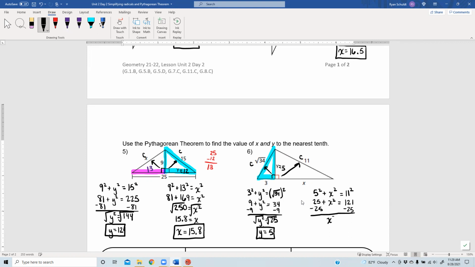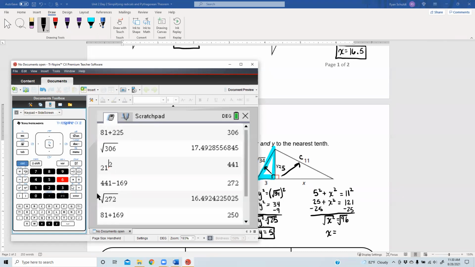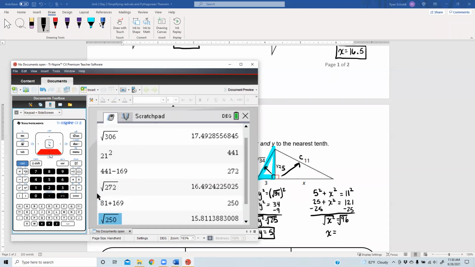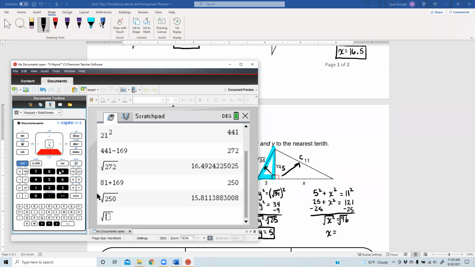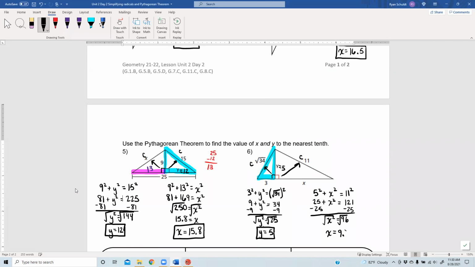That's going to give us x squared equals 96. Square root that, and you get x equals, that's going to be a decimal. Square root of 96. 9.8. So x is 9.8.